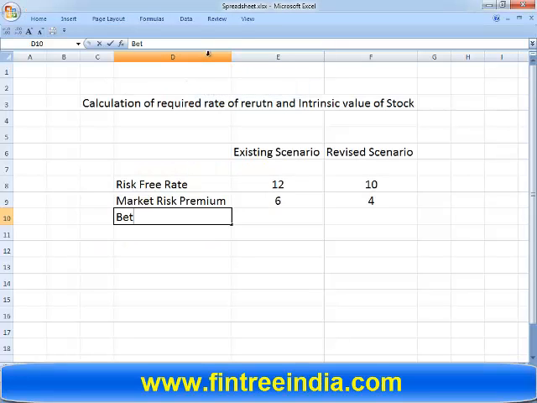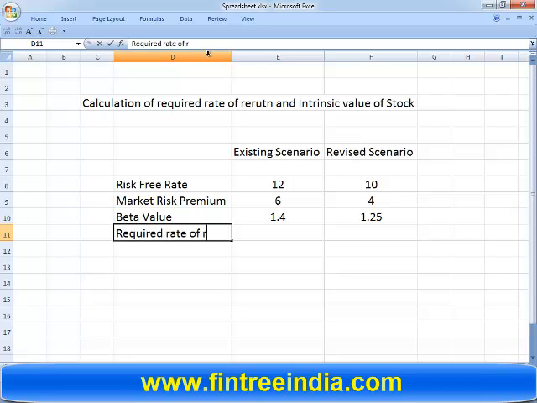Beta value: 1.4, 1.25. Then say required rate of return.